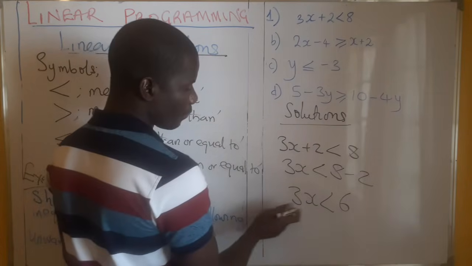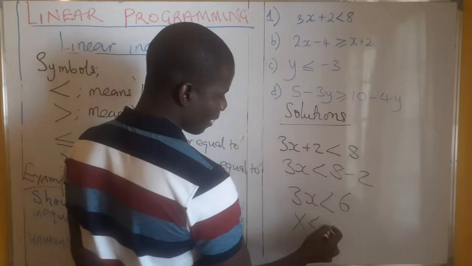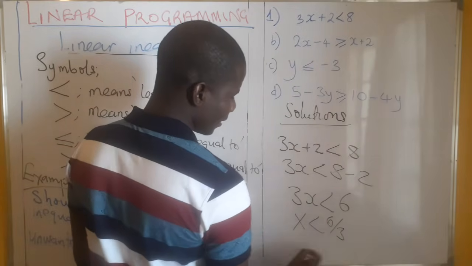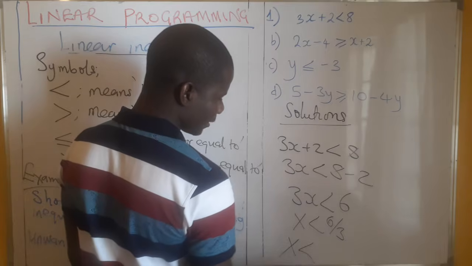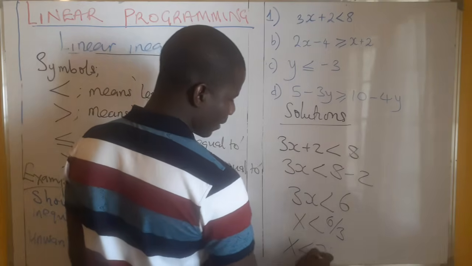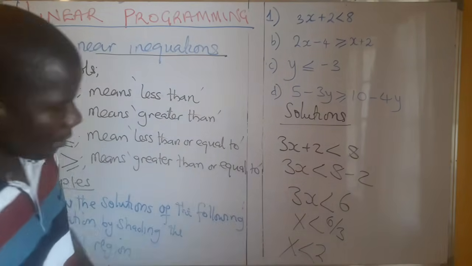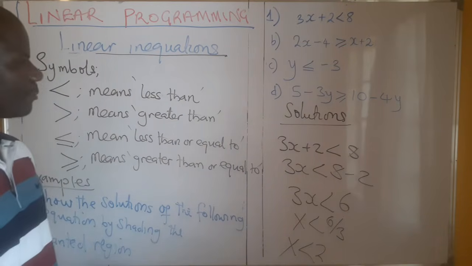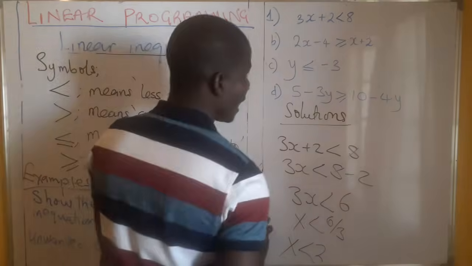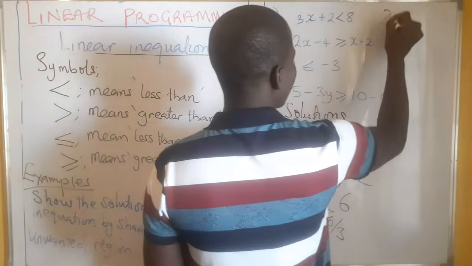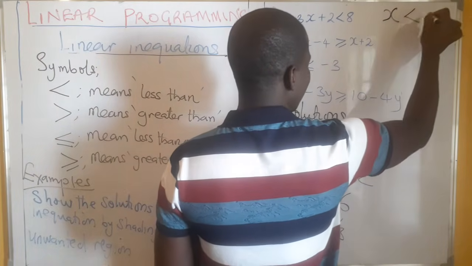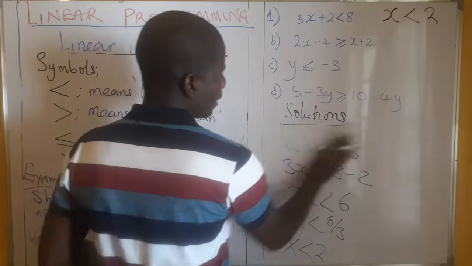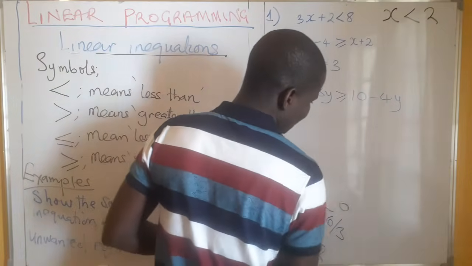The inverse of multiplication is division, so you have 6 divided by 3. And then finally you have x is less than what? 2. All right? x is less than 2. We know now that at this point, what we want is x is less than 2. I'm sure you saw what I have done.